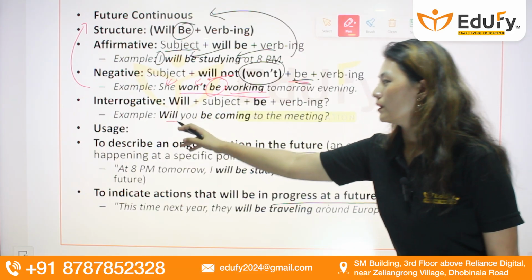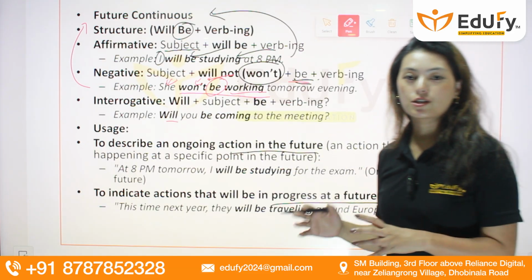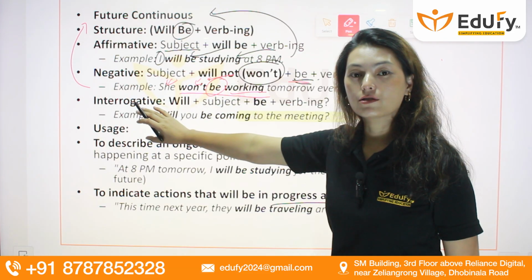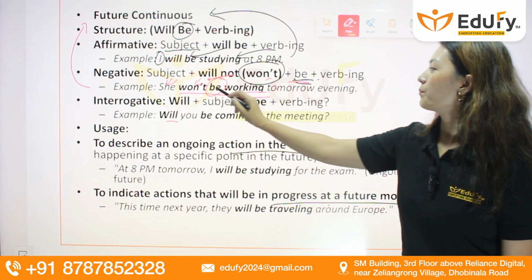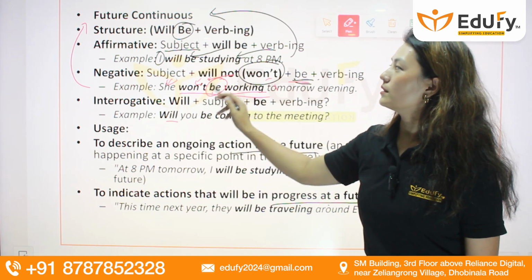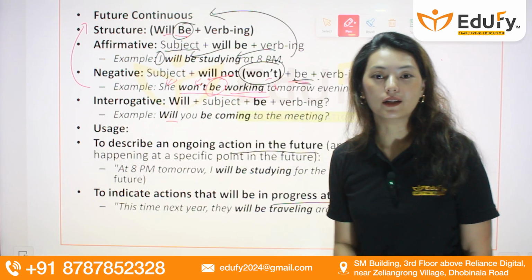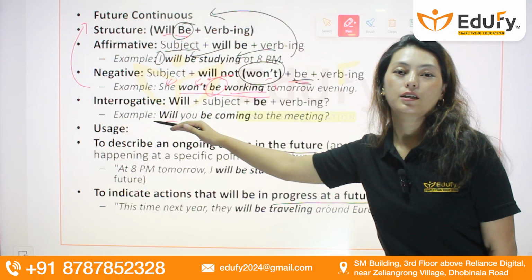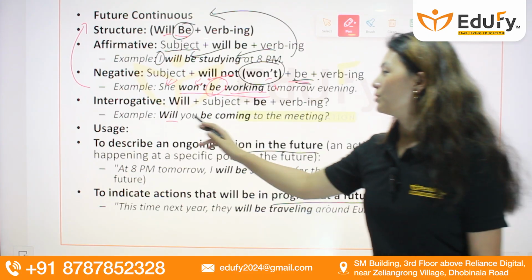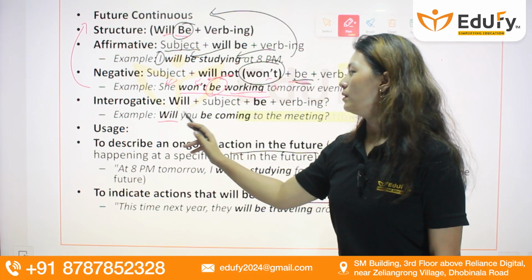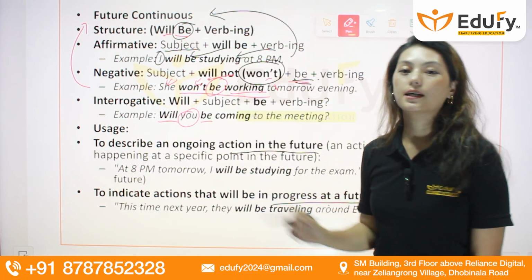Similarly, this one, again, it's the same structure. The auxiliary verb will is brought to the front. Now here in this, the word be, in all of this, be has been added with will, right? But in these interrogative sentences, be will come after the subject. So what do we see? Will you be coming?